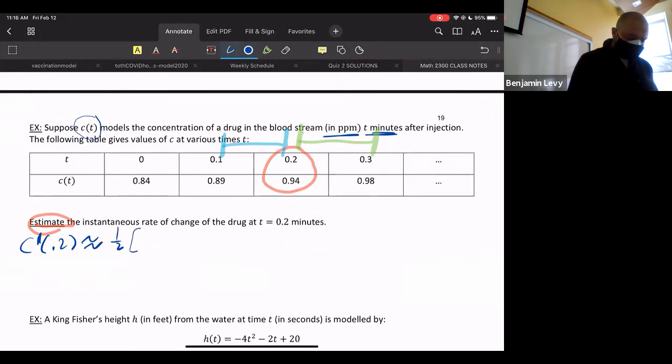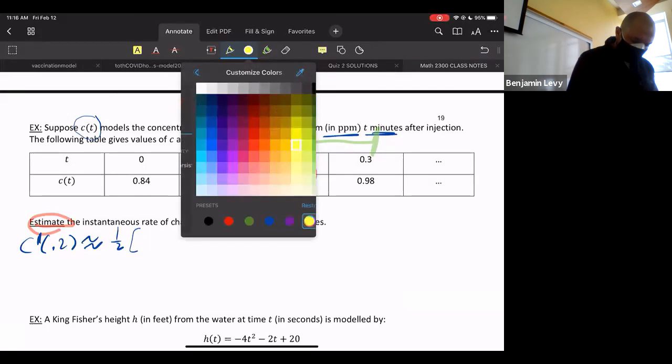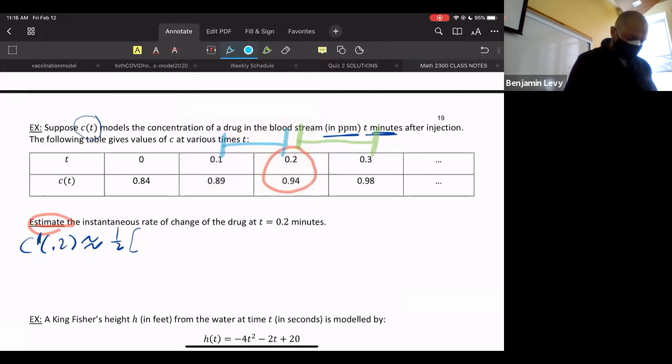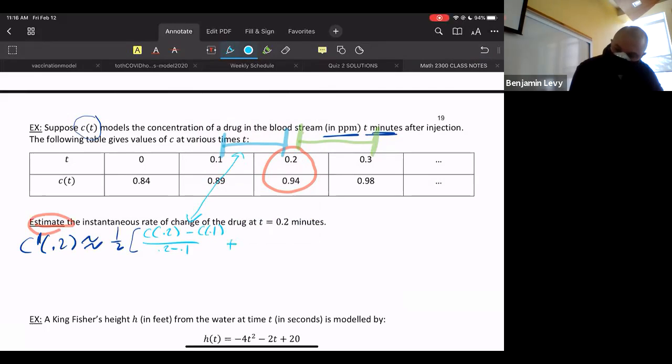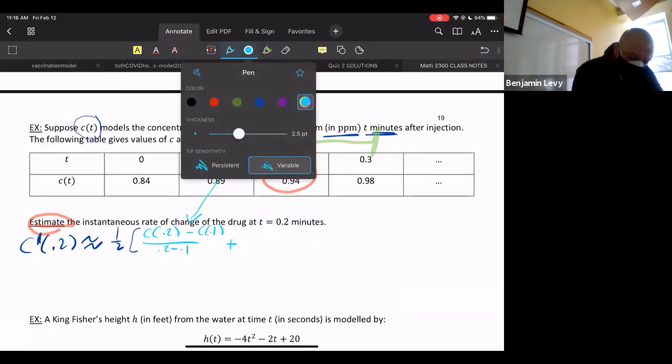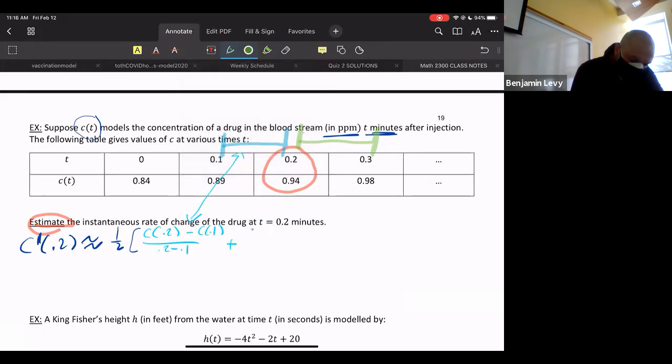So it's 1/2. Right, so that's the blue part, which is supposed to correspond to this thing. And then we would add to it the other one, which is given in green.